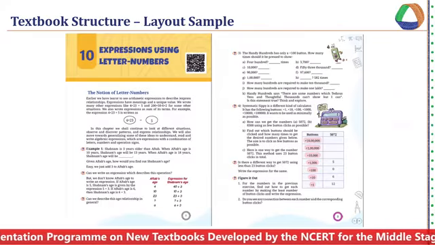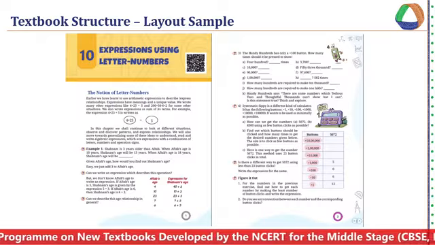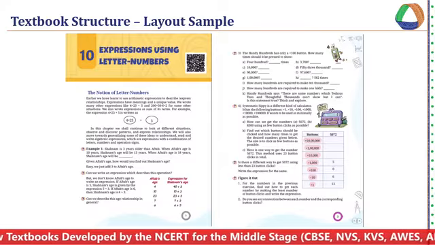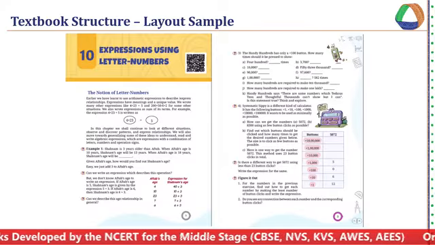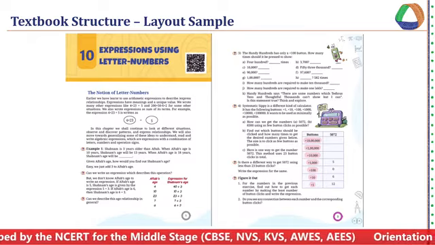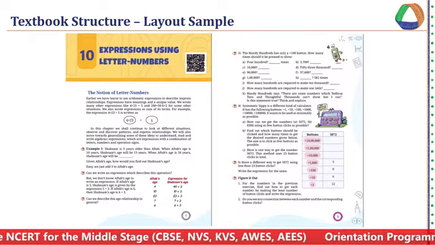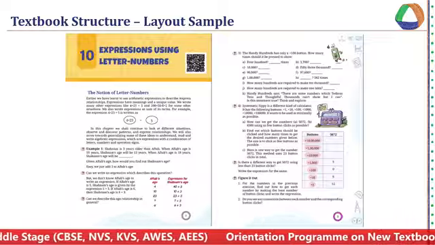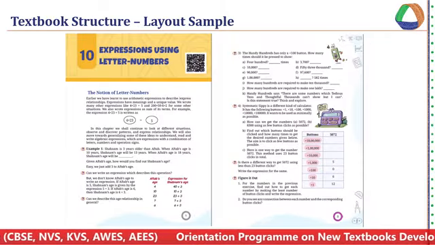You can have a glimpse of one of the pages of this chapter where you can see that the placement of the concepts is being developed. The concepts are being developed from day-to-day life examples, and slowly it is being related to the mathematical concept.